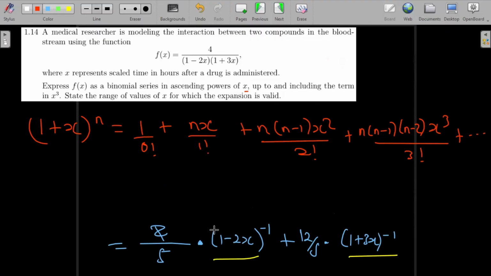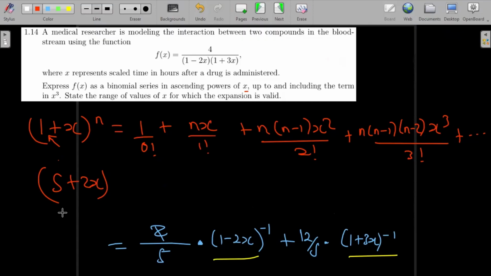Note that you can only use this theorem for negative powers or rational powers when the first term that you have is always 1. There are some instances where they give you maybe 5 plus 2x.